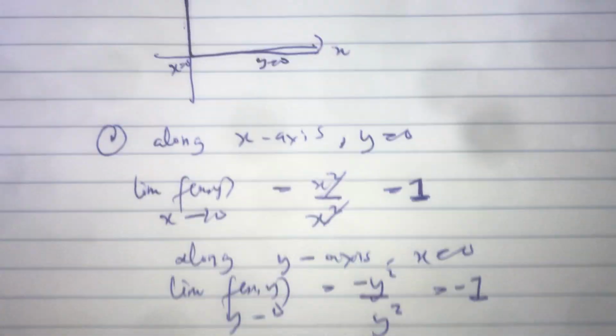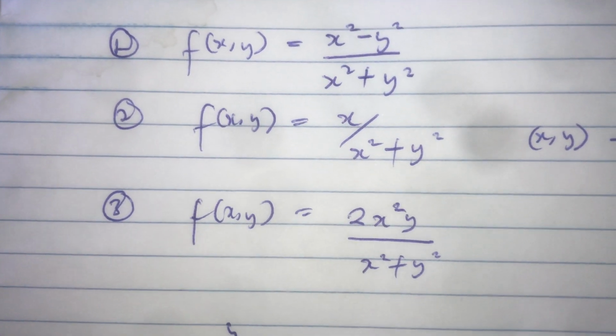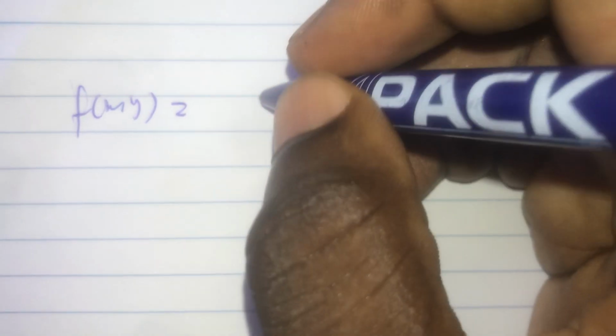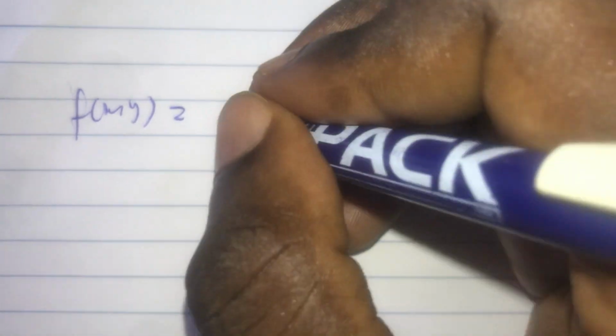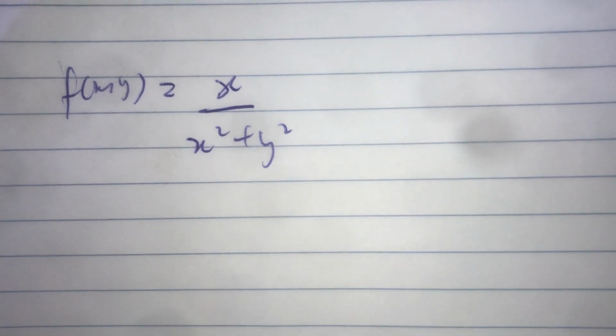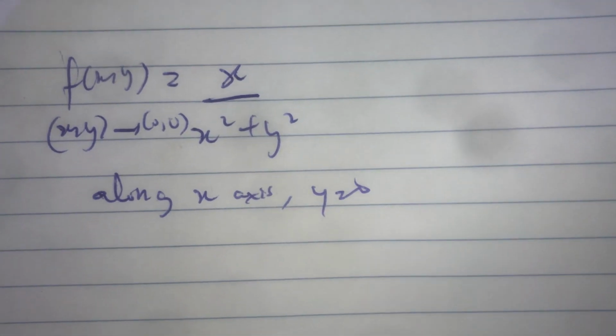With the second example, we are going to look at f of xy is equal to x all over x squared plus y squared. So let's look for our first pathway. With our first path, we have along the x-axis, which is y equals 0.